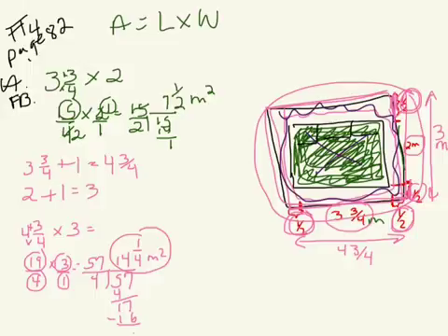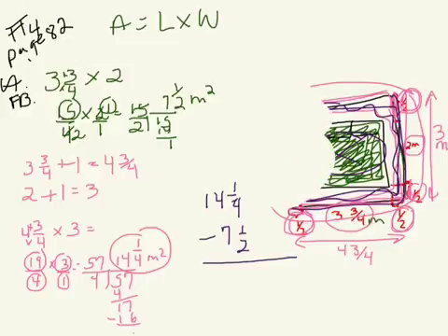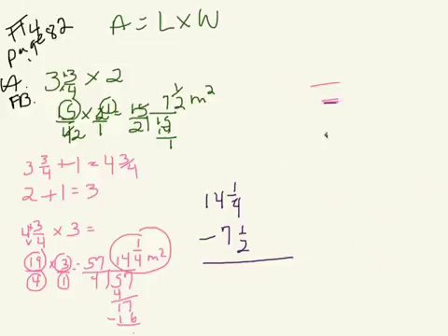I'm going to take the 14 1/4, which is the whole thing, minus just this inside part, 7 1/2 meters, and find out what the difference is, and that's going to give me the border. But I'm going to run out of room to work here, so I'm going to have to erase my flower bed. Okay, might have to redraw it.